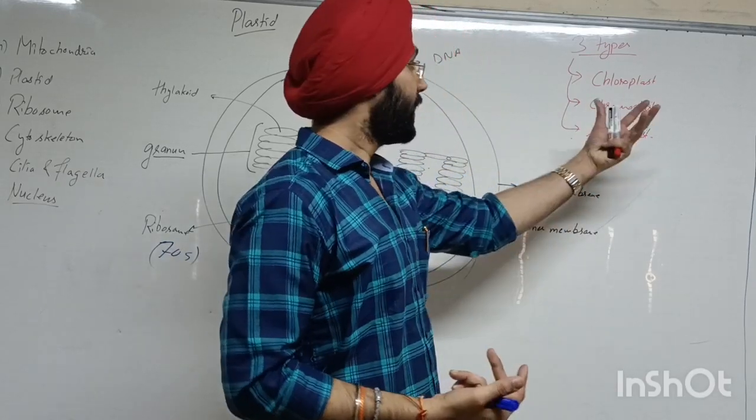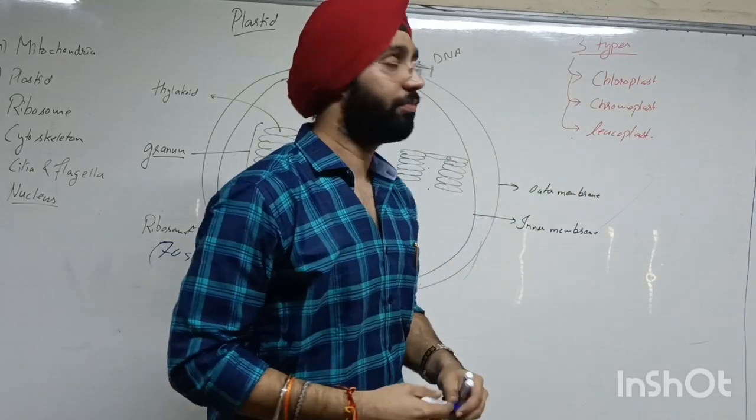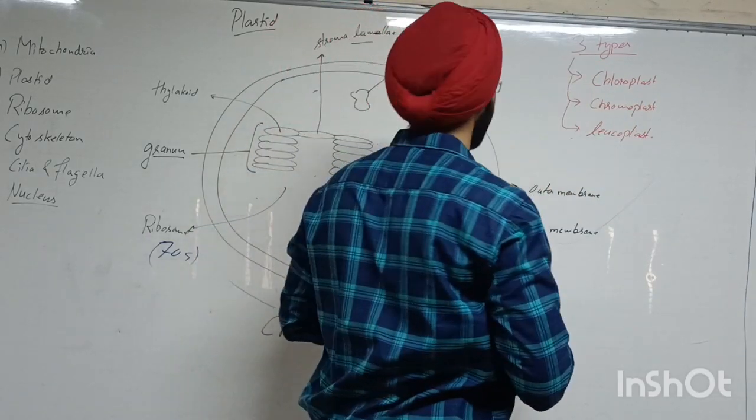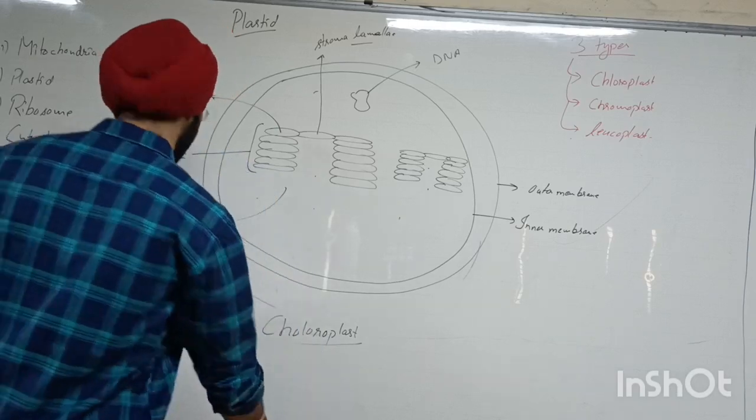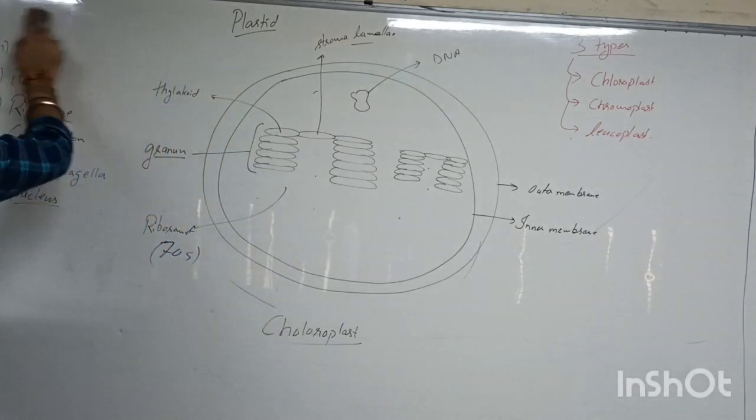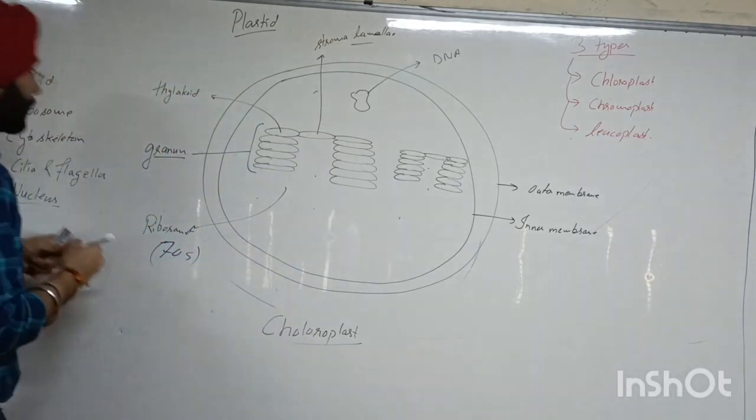According to their names, their functions are also different. Chloroplast, it helps in, so where should I write? I think I should just remove this thing, and I must write here.